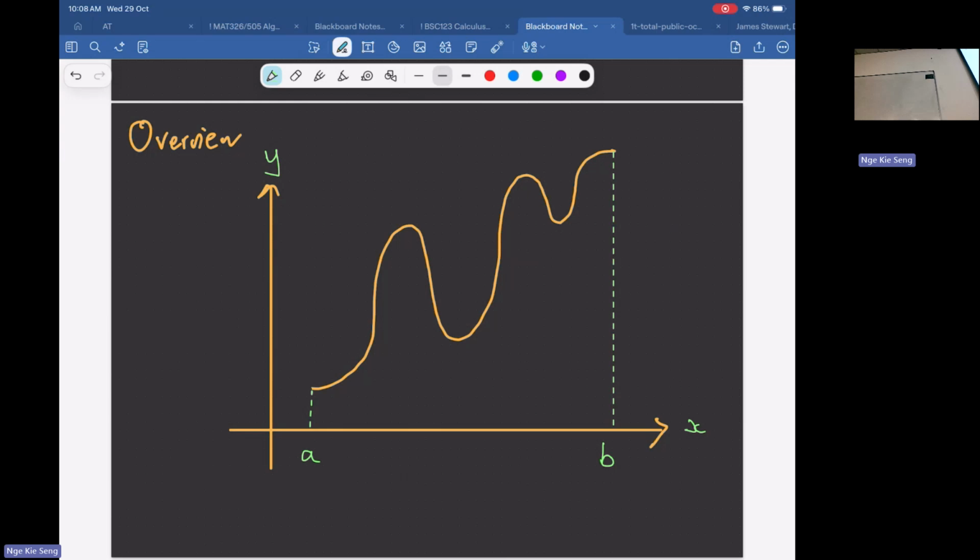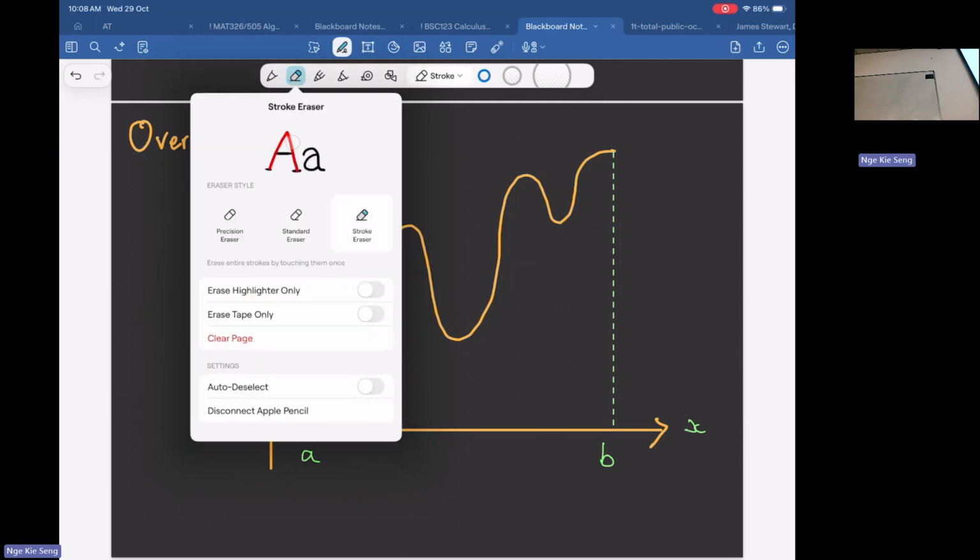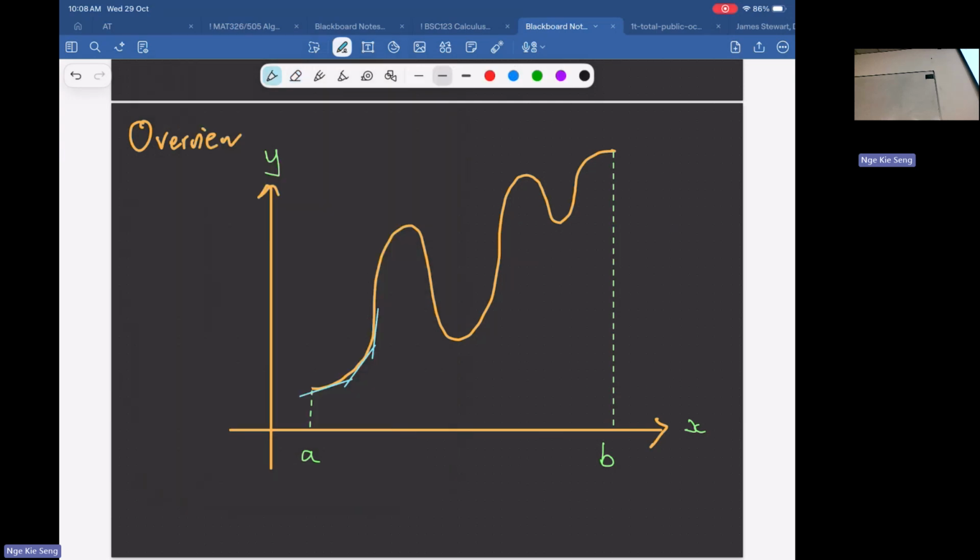There are a few ways to understand derivative. One way is using the tangent. Maybe you could draw a few tangents on the curve, meaning you compute the derivative everywhere and then find the equation of the tangent. This is the question that we keep seeing in the previous section.